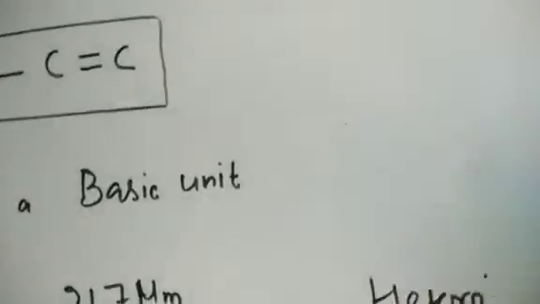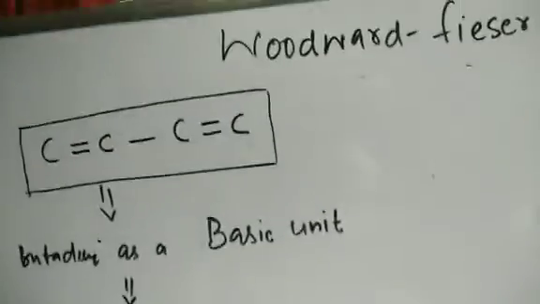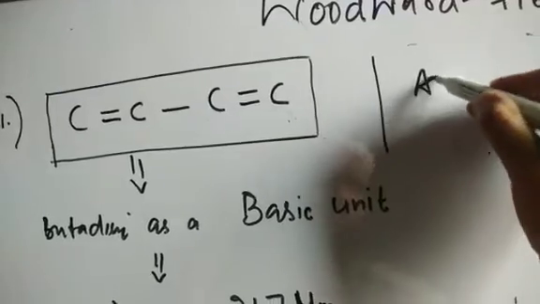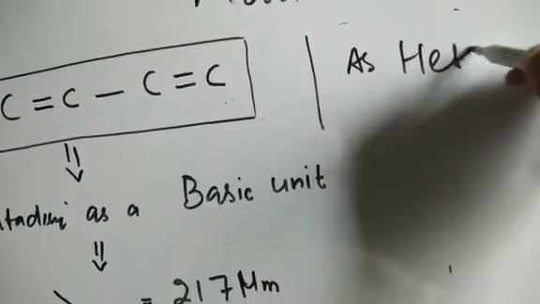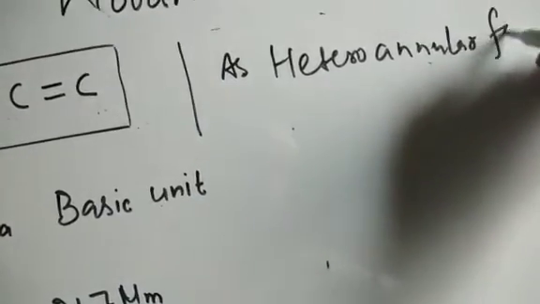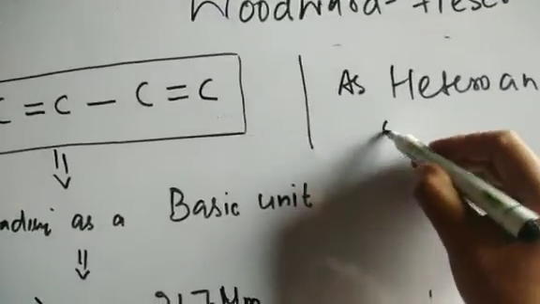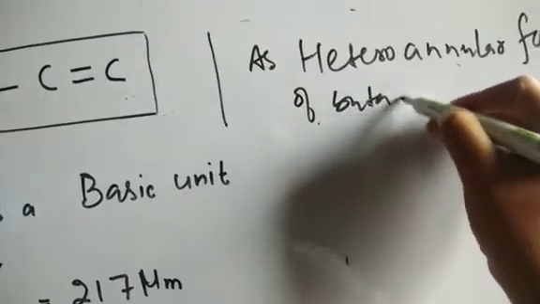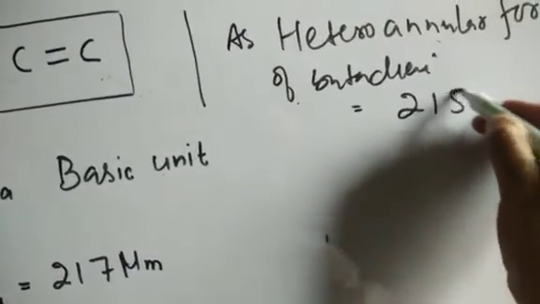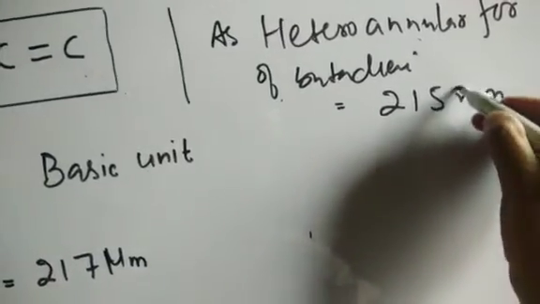Now here one more point has come: if your butadiene is present in the heteroannular form, its contribution is 215, which is 2 micrometers less than 217.